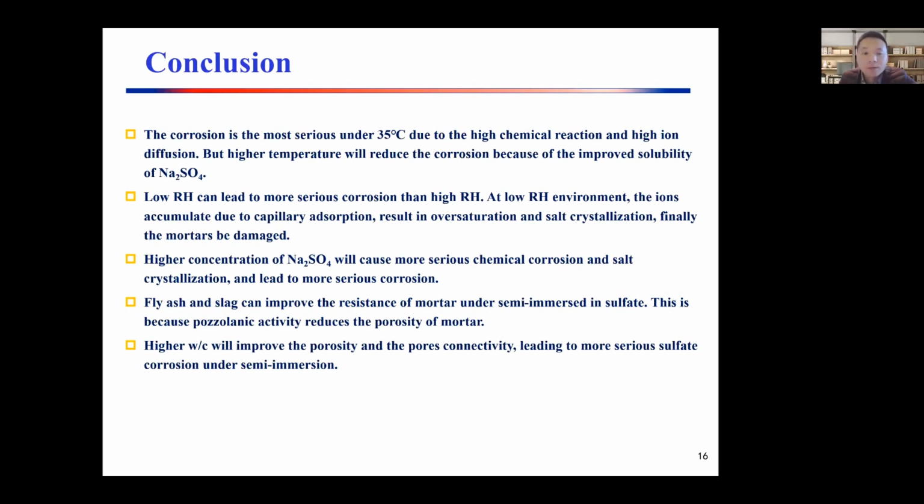This is because pozzolanic activity reduces the porosity of mortar. And the last one is that higher water cement ratio improves the porosity and the pore connectivity, leading to more serious sulfate corrosion under semi-immersion.